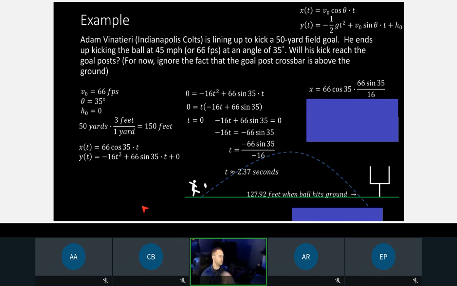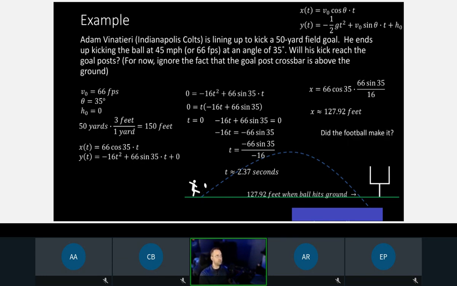And again, I'm using exact values here. You can probably plug in your 2.37 and get somewhere near that. But using exact values like that, I got 127.92 feet. And that's why I have that labeled.